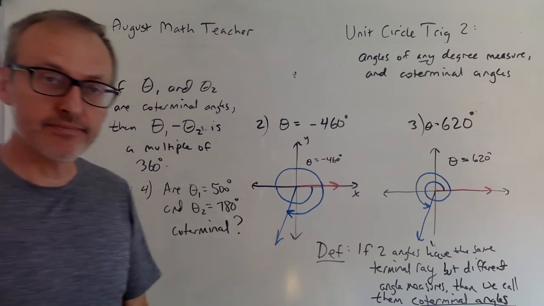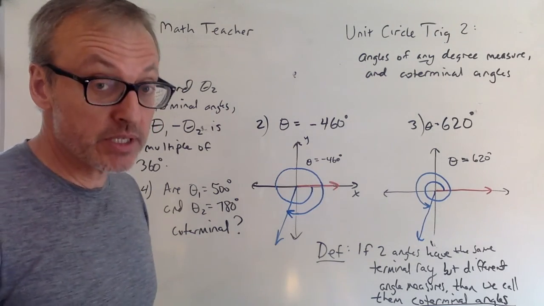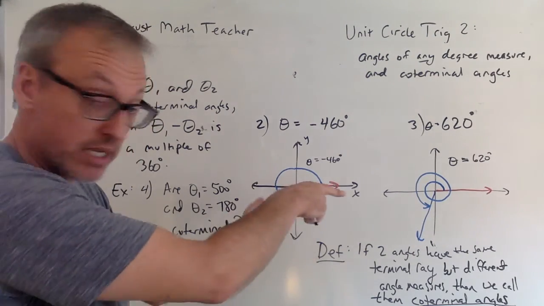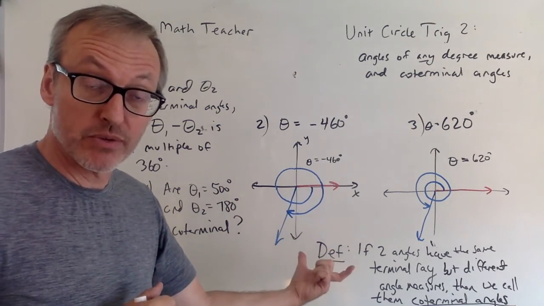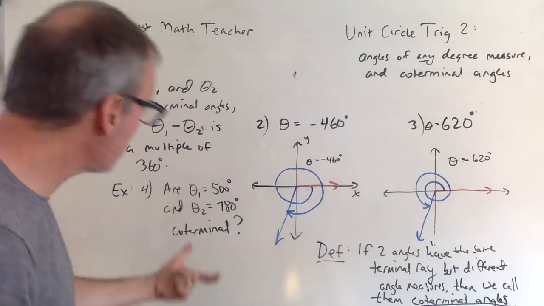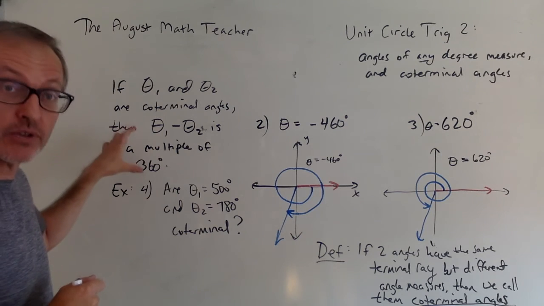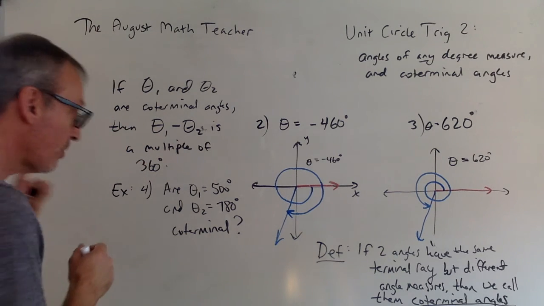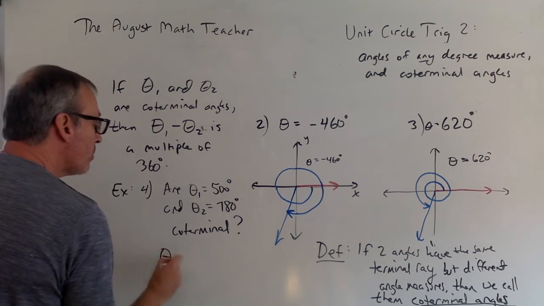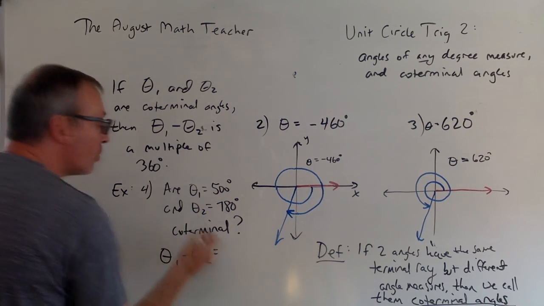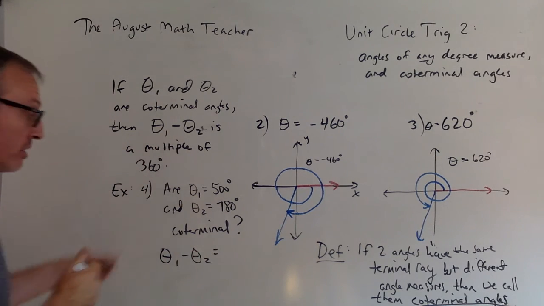Are they or aren't they? Now, one method for doing this would be to actually draw them and do the kind of things we did here and try to figure out if the rays are in the same spot. But a simpler way is to use this numerical key. All we have to do is take theta 1 minus theta 2, or theta 2 minus theta 1. It doesn't matter, you can do either one.